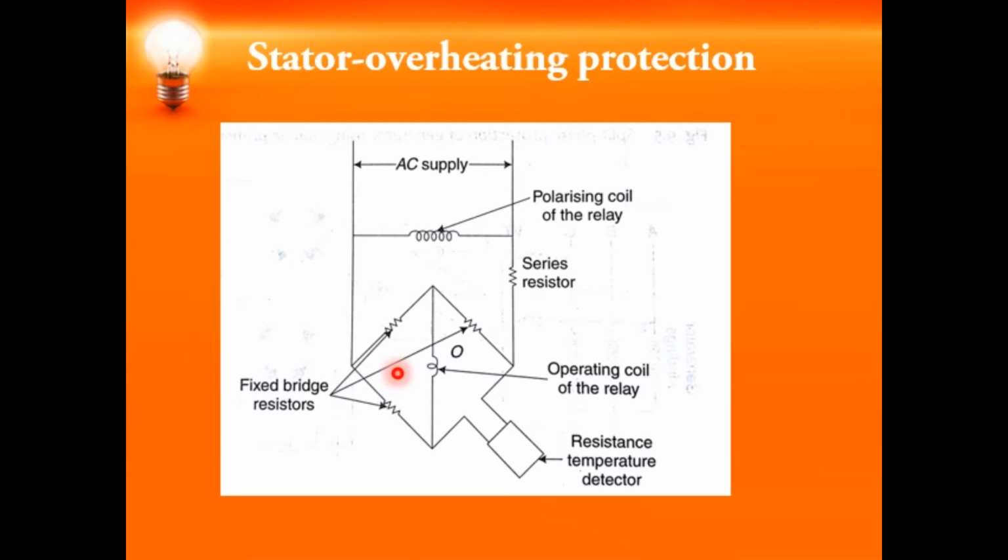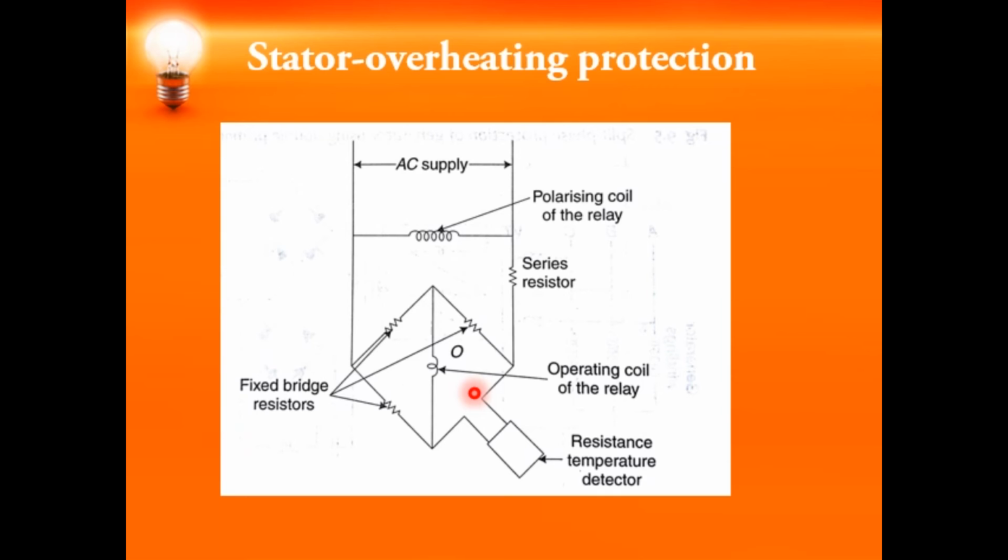The temperature sensing element can be either a thermistor, or thermocouples, or a resistance temperature indicator. These temperature sensing elements will be embedded in the stator slots at different locations. Whenever the temperature exceeds the preset temperature, the relay is going to operate. For small generators, we will have a bimetallic strip which gets heated up by the secondary current of the CT.